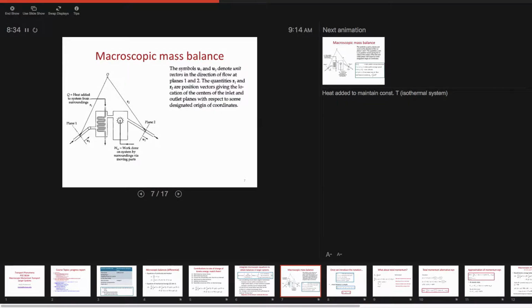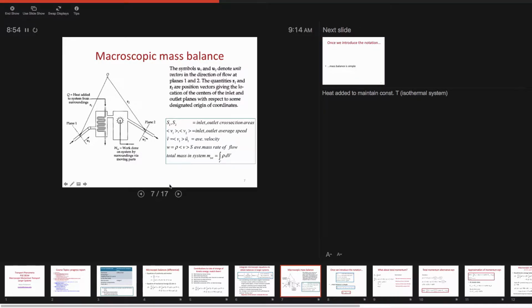Okay. So here's an example system. Just in terms of notation, I take U1 and U2 as unit vectors that are orthogonal to the inlet and outlet. So those are my only inlets and outlets. There is no other exchange through any of the other boundaries. And I have some average velocities along those planes.